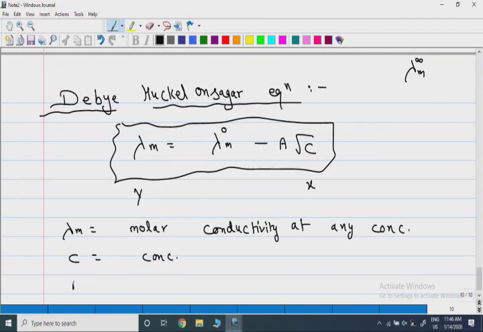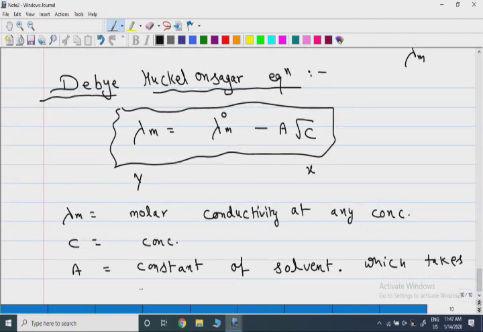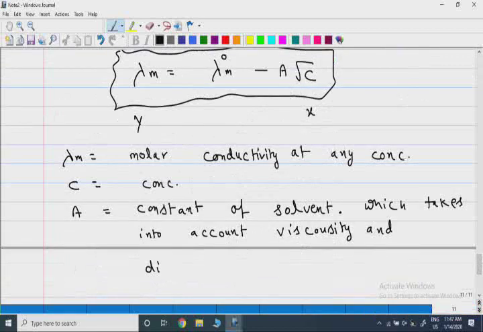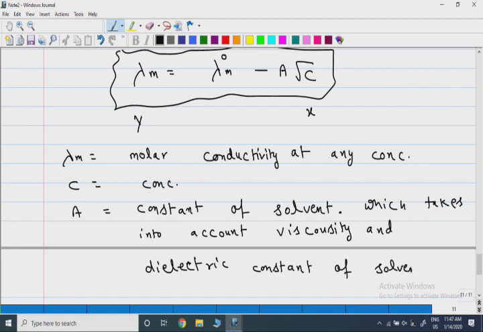C is your concentration and A is your constant of the solvent, which takes into account the viscosity and dielectric constant of the solvent. Okay. Please copy it.